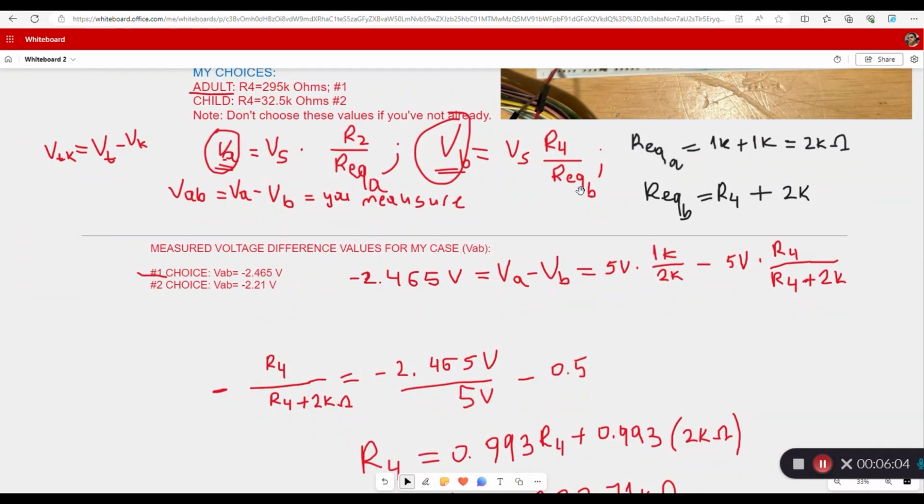So now I can plug them in to that equation. So for the first choice I have this amount for this difference, and I already have A defined and B defined.